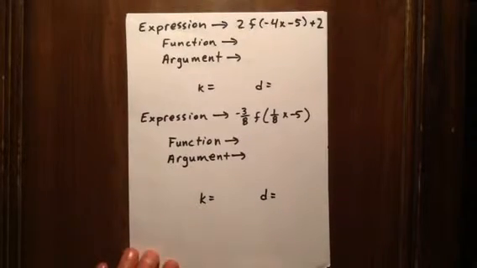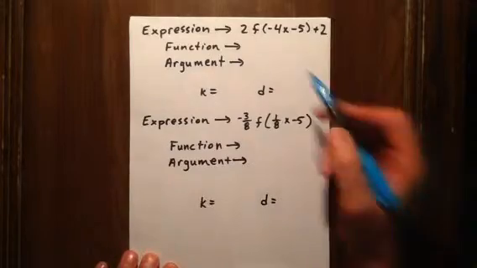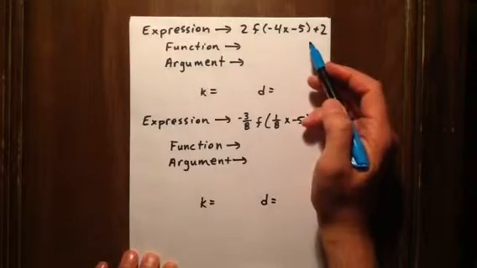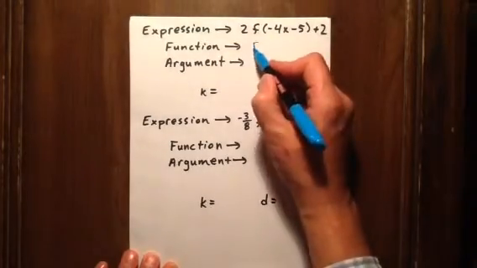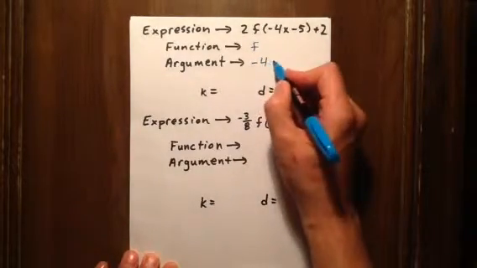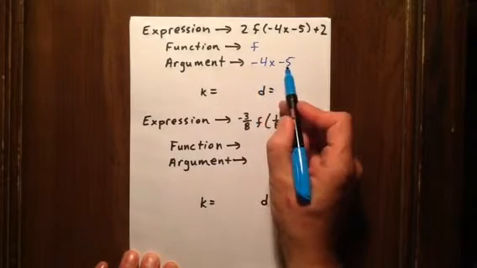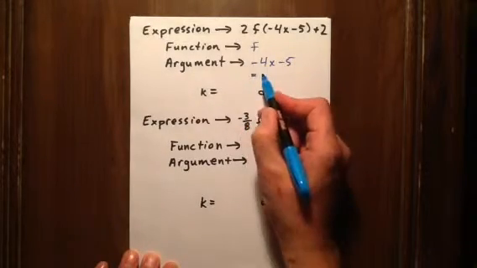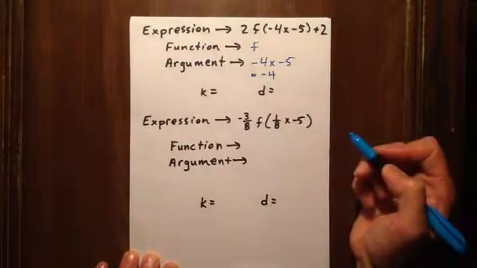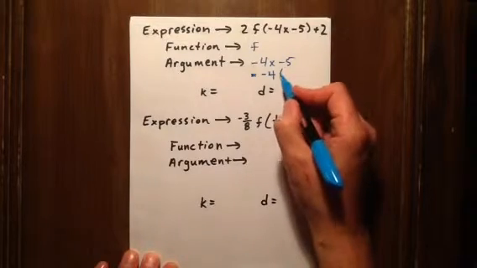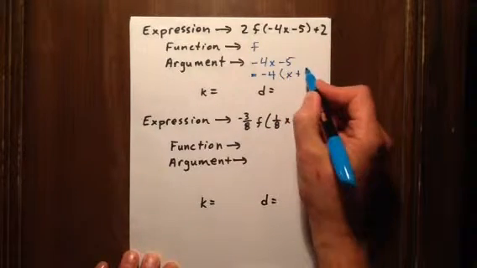Okay, let's look at this next one. We've got the expression 2f of negative 4x minus 5 plus 2. Well, the function is f, and the argument is negative 4x minus 5. But this isn't the form that I like. We like it to be in the form k, in other words, factor out the leading coefficient, and then x minus d.